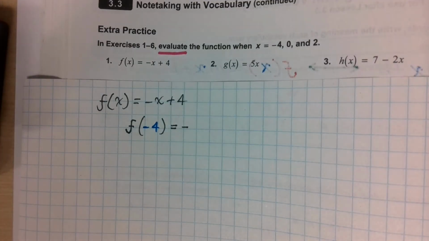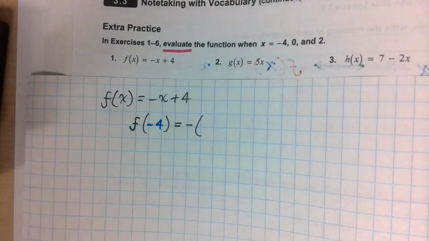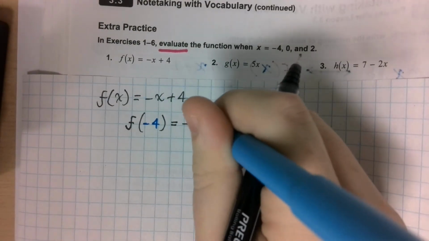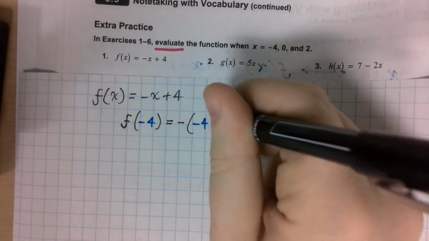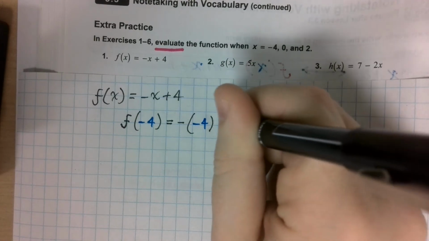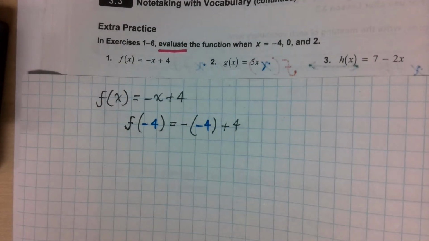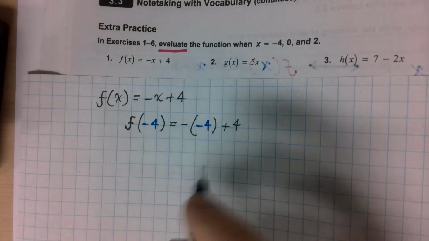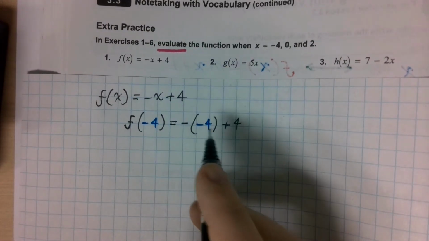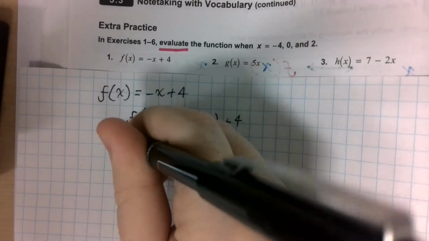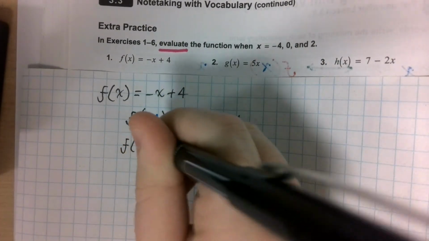Equals -x, oh, there's another x, so let's plug in another -4, plus 4. To evaluate, we then just want to simplify this. So, what's -(-4)? Well, two negatives end up making a positive.